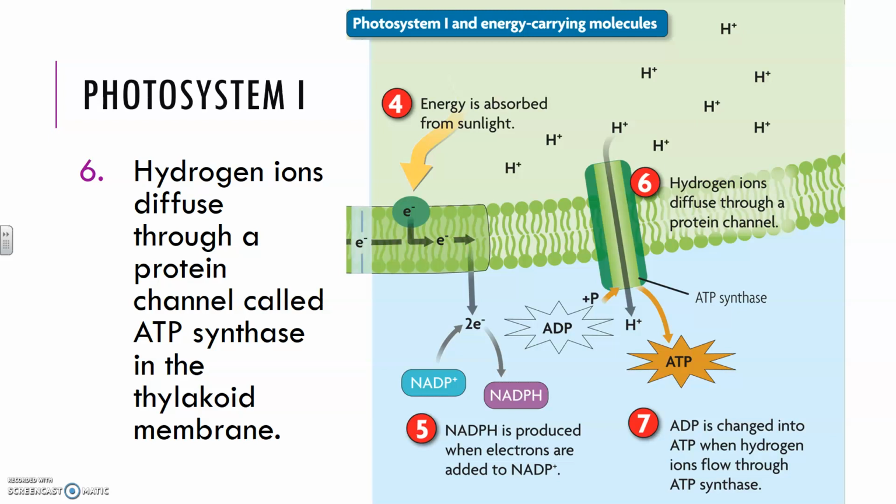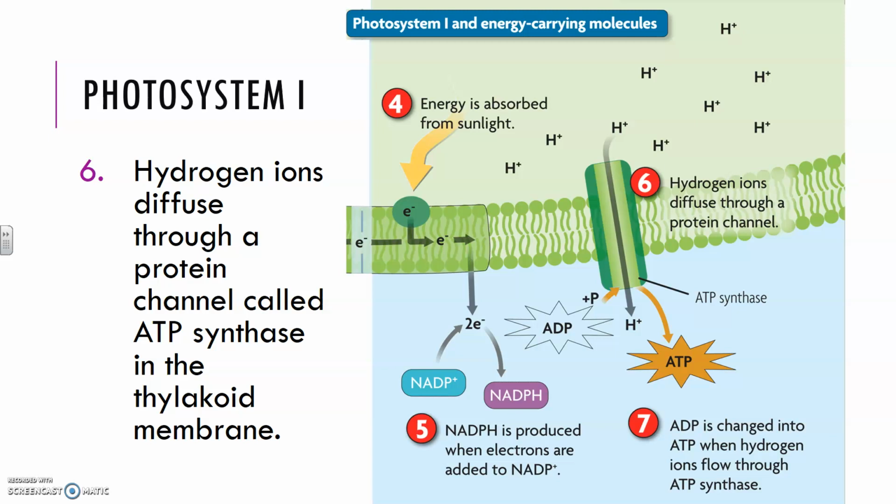Okay, so photosynthesis does actually produce some ATP. It's not a lot, and it pretty much almost instantly gets used up in the light independent reactions. Okay, so this is not something like you're going to see later in cellular respiration where you produce a bunch of ATP at once.